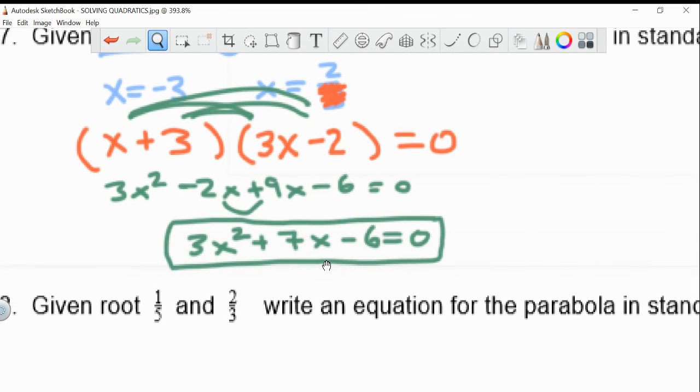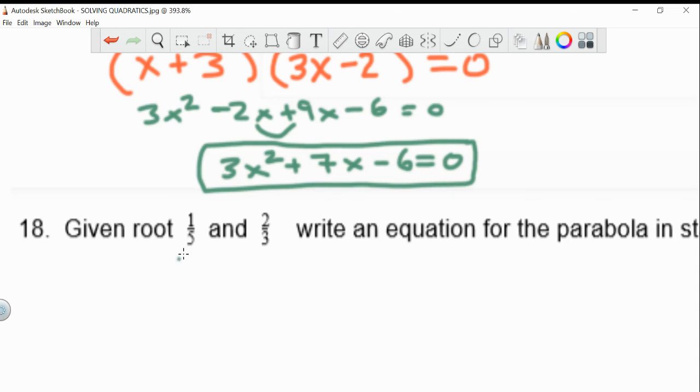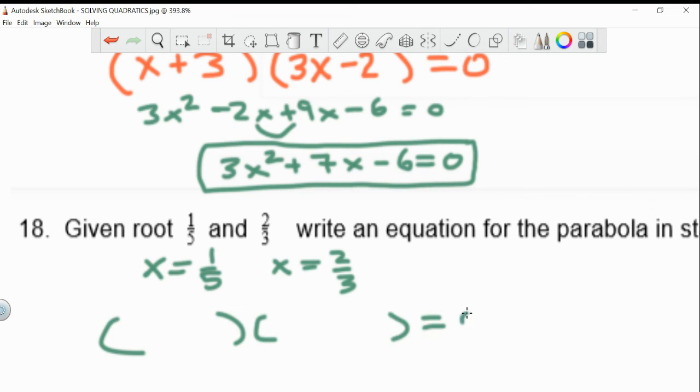And to do one more really, really quickly, and to just start this next one, if my roots, which is the same thing as my solutions, are 1/5 and 2/3, the way I like to do it is I like to say this 5 in the bottom had to have been divided off the x, which means the 5 in the bottom had to have started in front of the x.